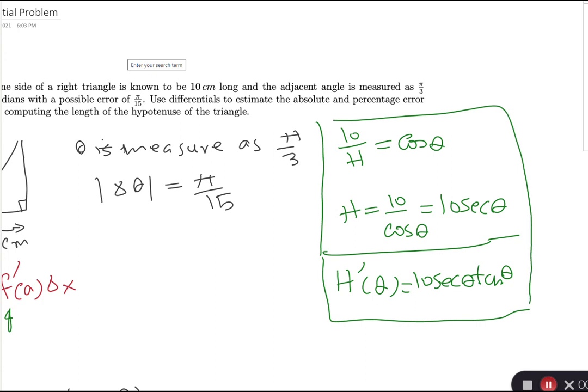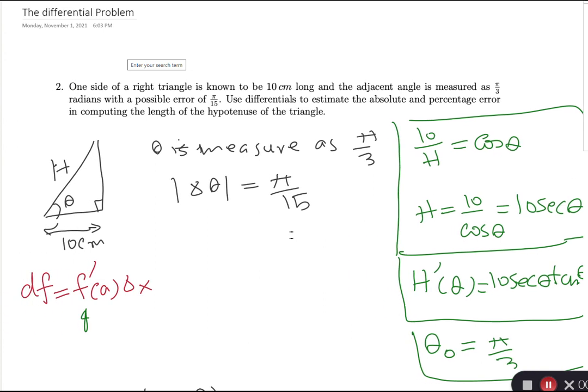So what do I plug in? That's the measurement of theta that we did measure. And so theta, or theta 0, or a, however you want to call it, theta 0 is equal to pi/3. So that's the information. Now we can plug in.